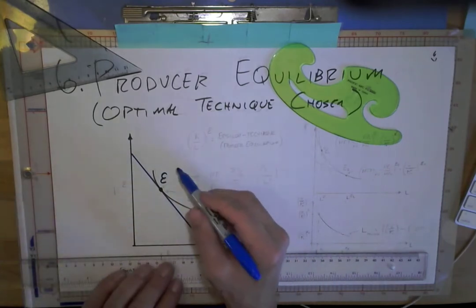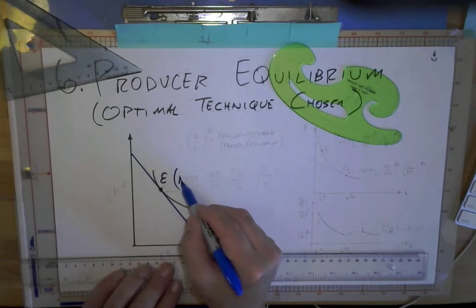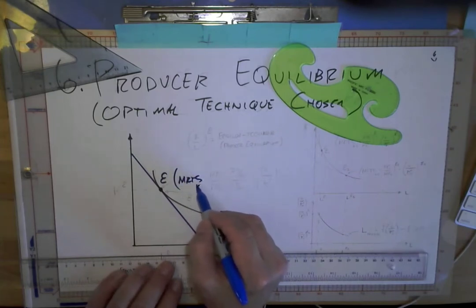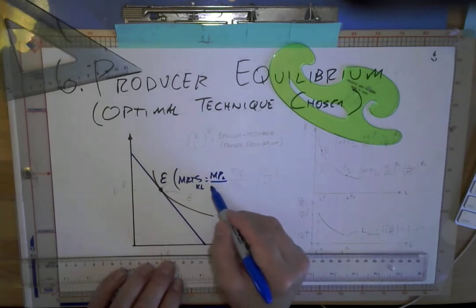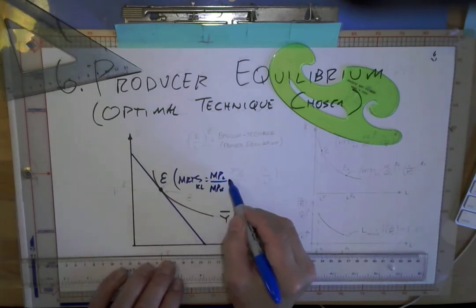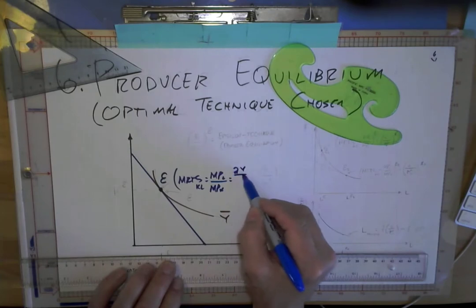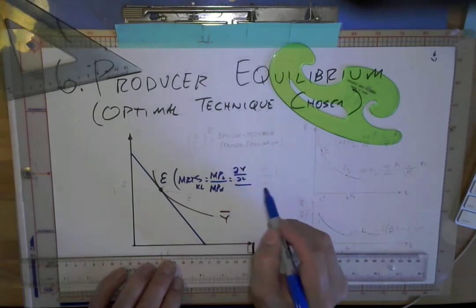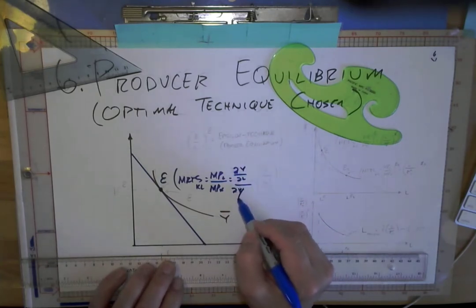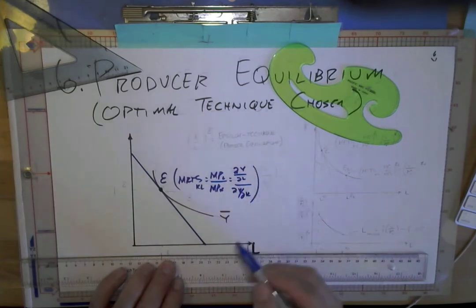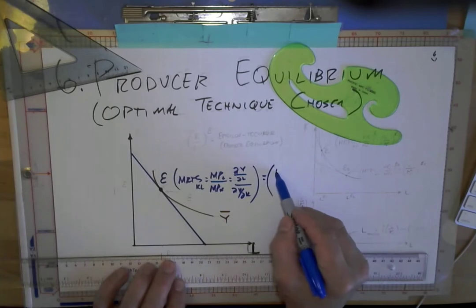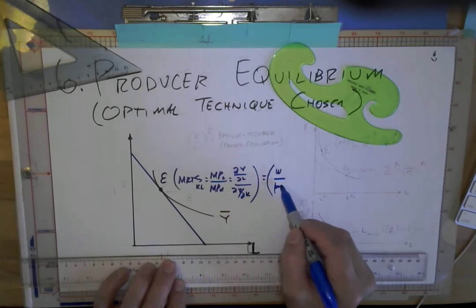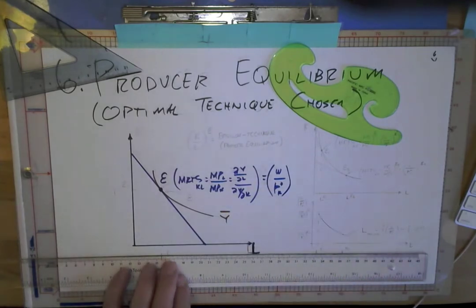In terms of the math, this means that the marginal rate of technical substitution of capital for labor, which is equal to the marginal product of labor over the marginal product of capital, which is equal to the partial derivative of output with respect to labor divided by the partial derivative of output with respect to capital, is equal to the wage-profit relationship, the factor price ratio.